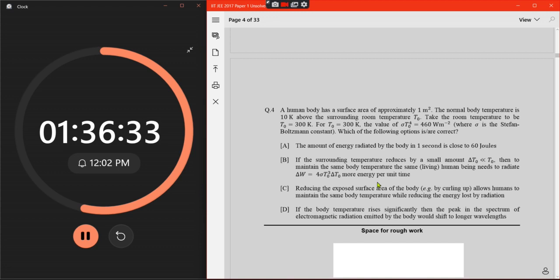If I take T naught power 4 out, just T power 4, then it actually works, right? Because both are also the same as T power 3. Okay, and then it's just delta T. So our delta T is now what? Yes. Okay, so this is in fact correct because T naught is approximately T. That much works out. Yes. So B is correct.